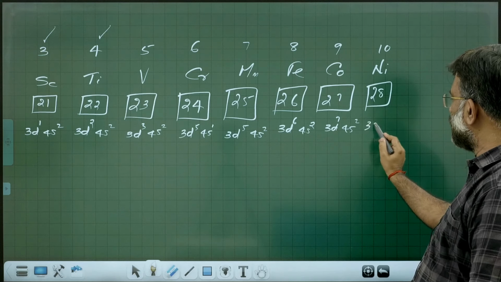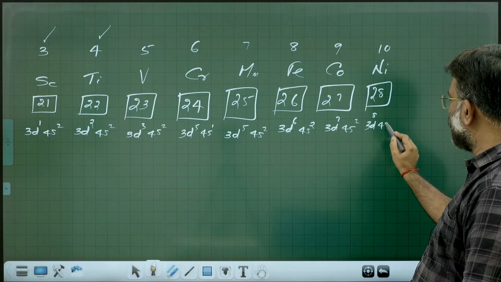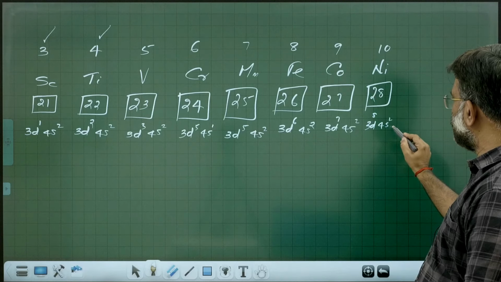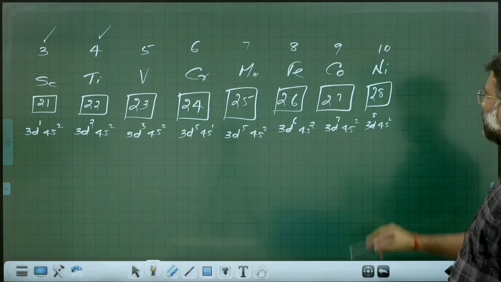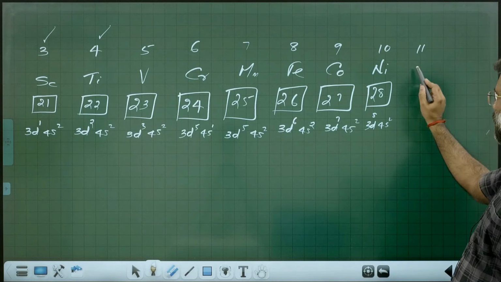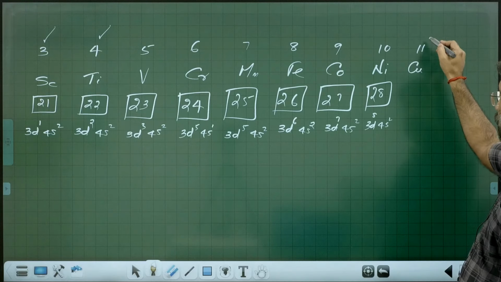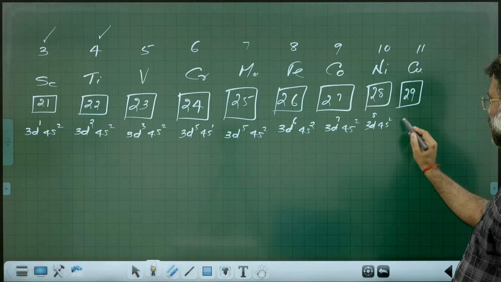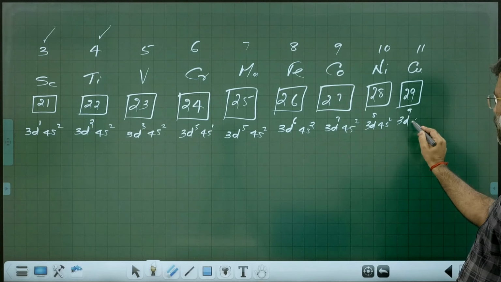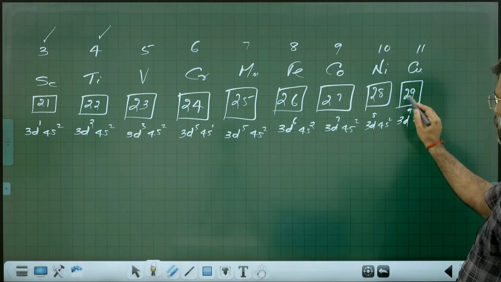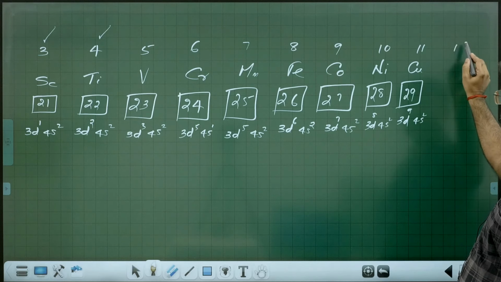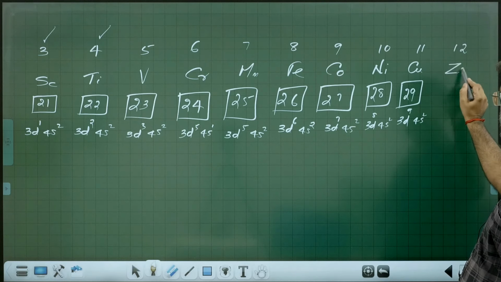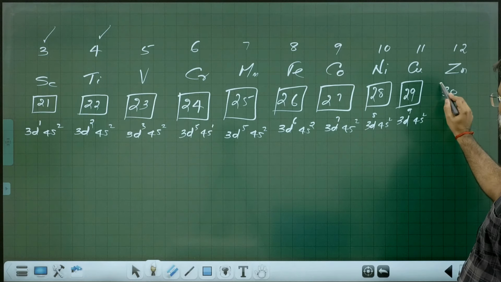What will be? 3d8 4s2. 8 plus 2 is 10. And now copper, group number 11, atomic number 29. It is 3d9 4s2. 2 plus 9 is 11. And group number 12, zinc, atomic number 30.